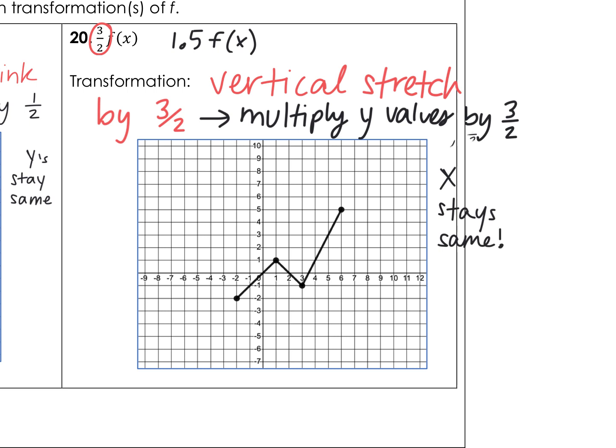Okay, so you already have these points from before. If you want to copy them over, it's the same exact problem. A, B, C, D have not changed, so I'm just going to copy those over real quick. Then we're going to multiply the y values by 1.5.